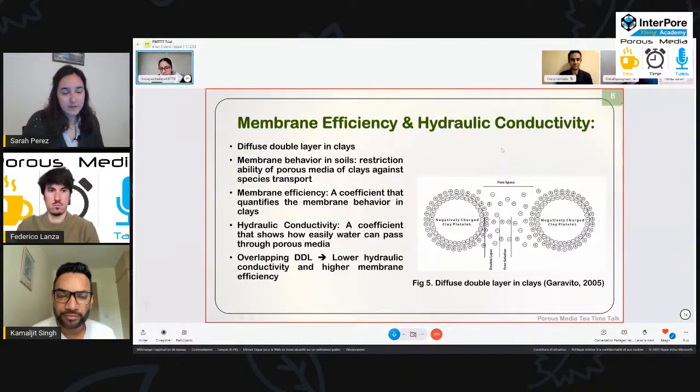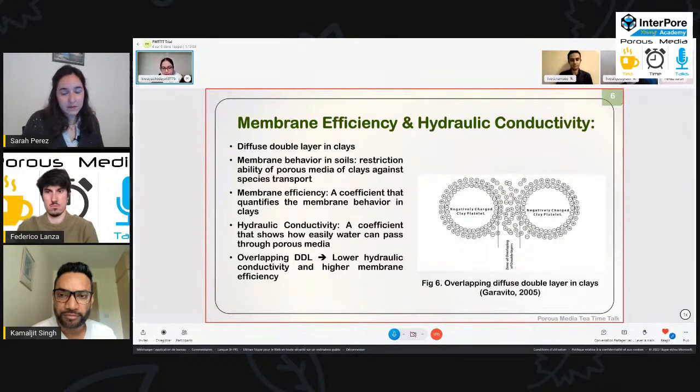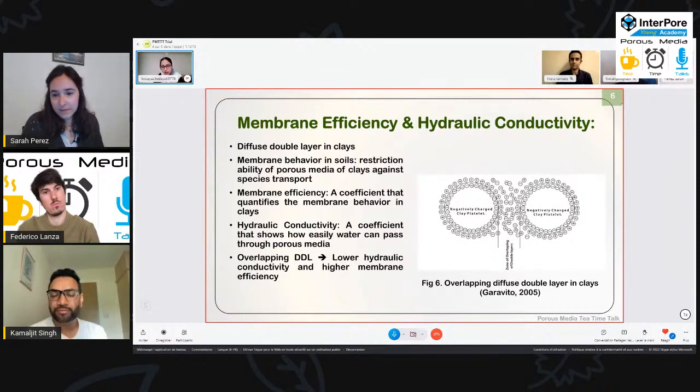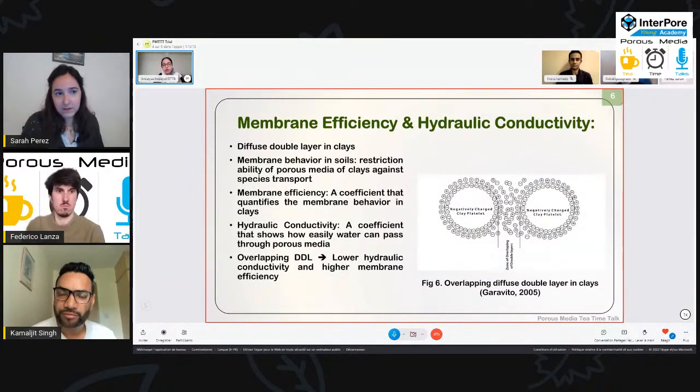Diffuse double layers decrease the free space for species transport and fluid flow. As can be seen in this figure, when diffuse double layers are extremely thick or when particles are very close to each other, overlapping of diffuse double layers happens, and as a result, porous media restricts species transport.